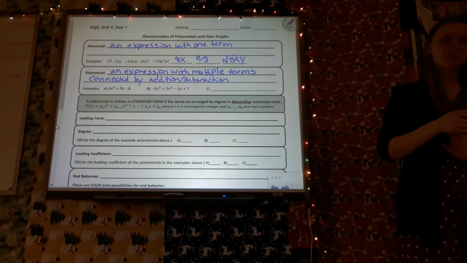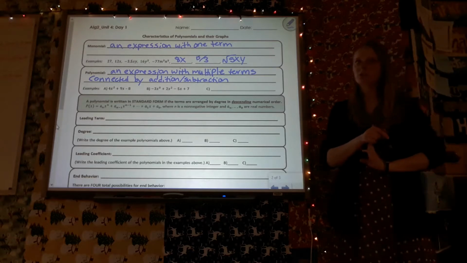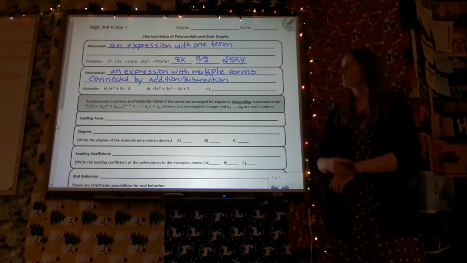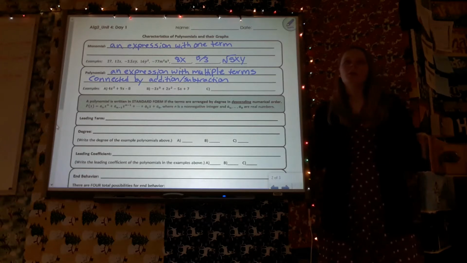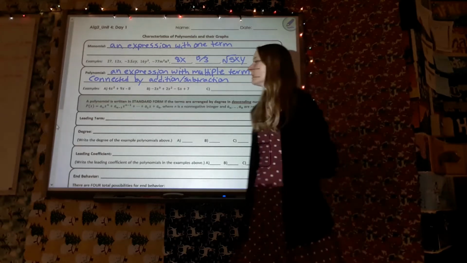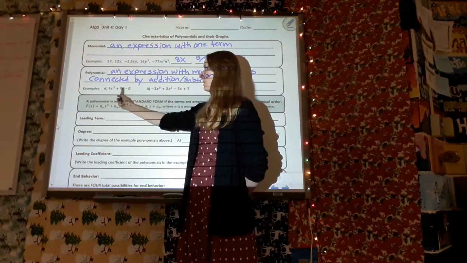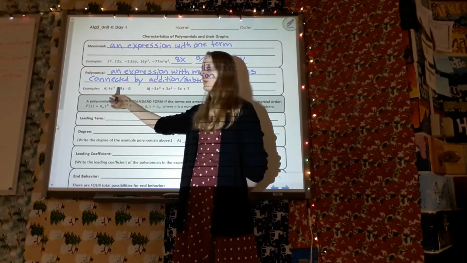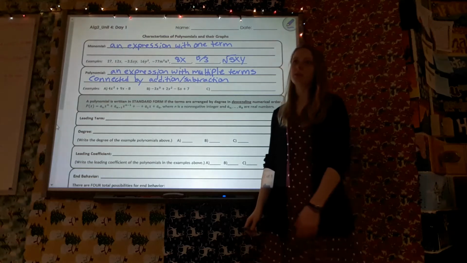An expression with multiple terms that are connected by addition or subtraction. So the kinds of equations that we've been factoring and solving, those are all polynomials because we have different terms, several different terms, and then they're being strung along or connected by these operations of addition or subtraction. That's what makes it a polynomial.